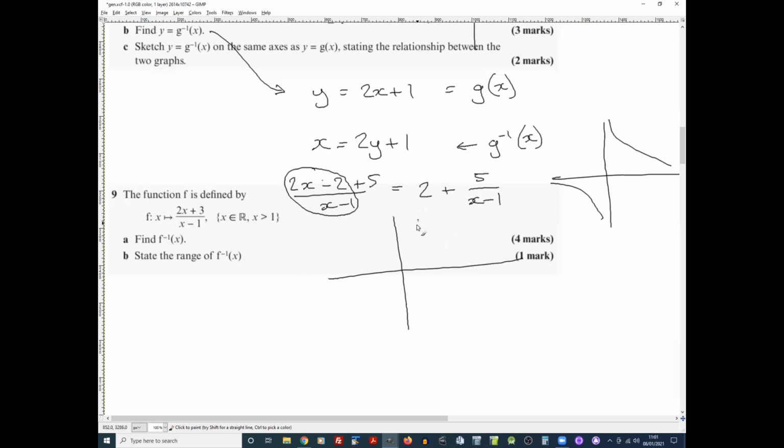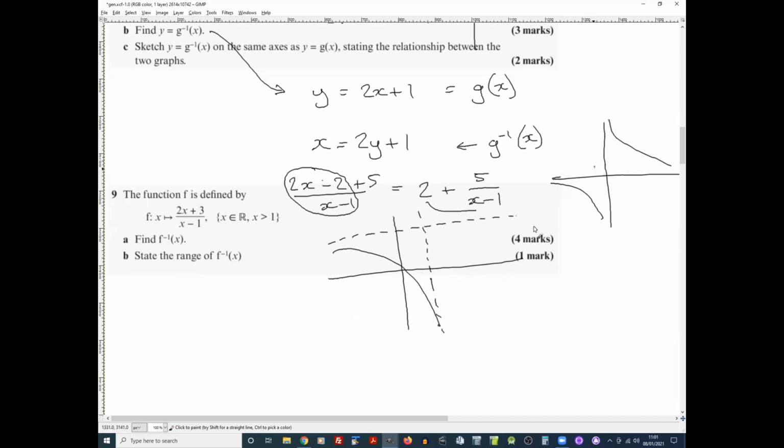So the asymptotes are in different places: one to the right and two up. And you can imagine the rest. Most of it will be down here, and the rest up there.